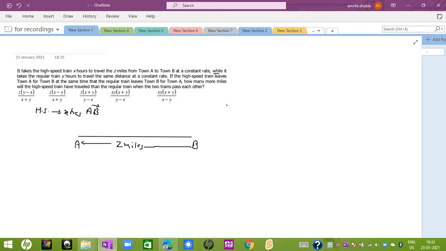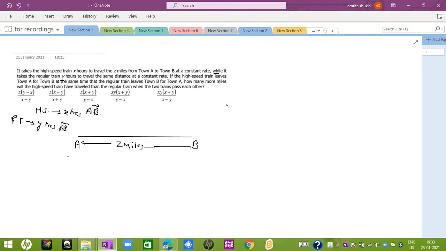While it takes the regular train Y hours to travel the same distance at a constant rate. So there is a regular train which takes Y hours to travel the same distance. Now, the high-speed train leaves town A for town B at the same time that the regular train leaves town B for town A. So what is happening here?